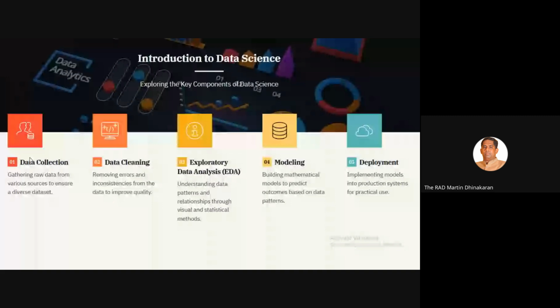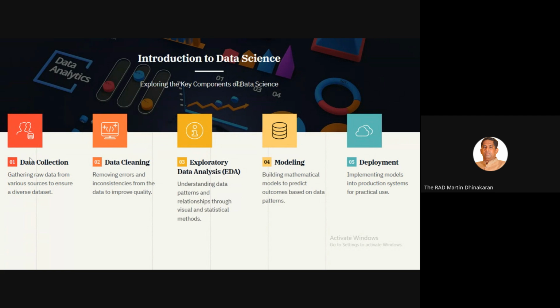It understands the data patterns in the data set and the relationships, mostly based on supervised learning and unsupervised learning, using the data sets obtained after the data is cleaned. The analysis is done based on statistical methods. In those days, in 1970, the histogram, the bar chart, and the pie chart were all done by exploratory data analysis. Today, all this is done by simulation. So this is called exploratory data analysis.